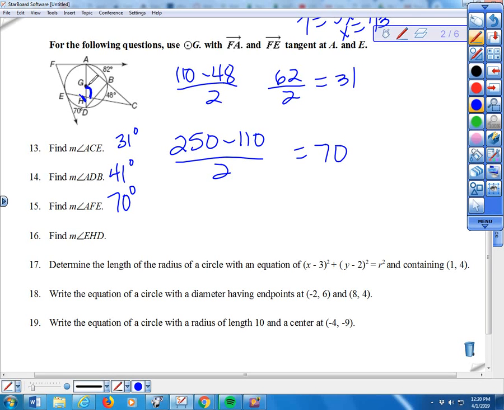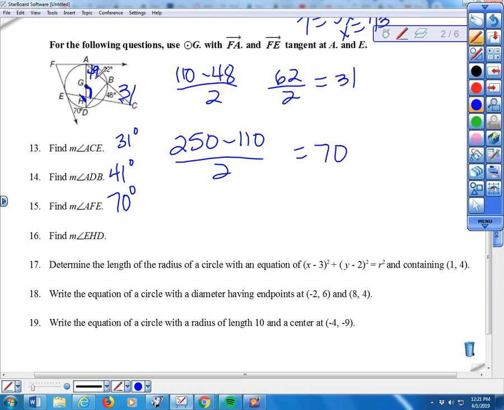Yeah. I figured out this angle ACE was 31, right? And I know this angle was 49. So I just add those two together, subtract it from 180.